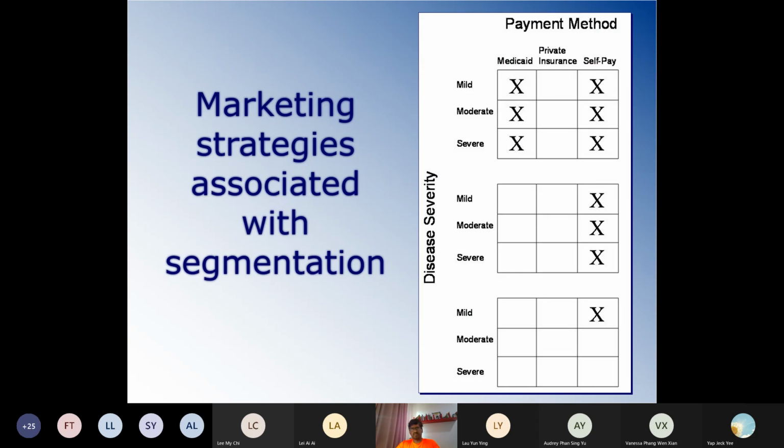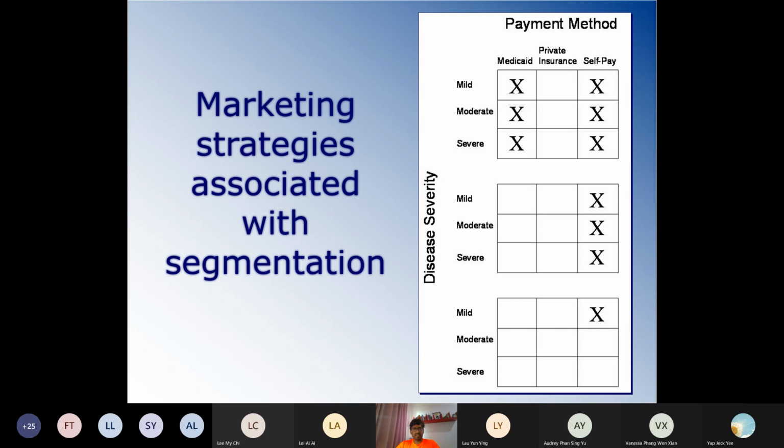So why this market segmentation? What are these market segmentation strategies associated with segmentation? We have talked about how market segmentation is a marketing strategy in which selected groups of consumers are identified. As a result, certain products or product lines can be presented to them in a way that appeals to their interest.